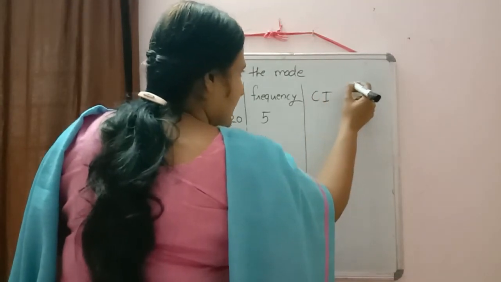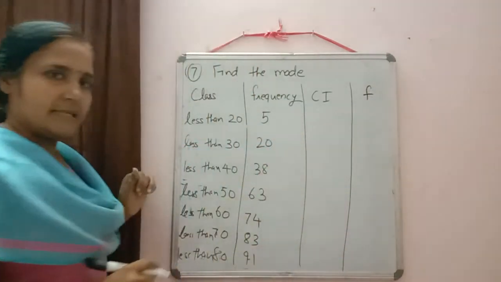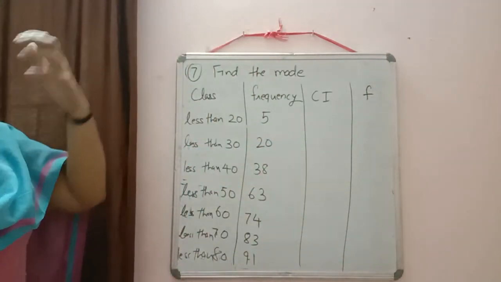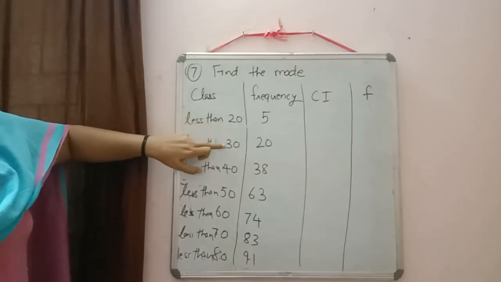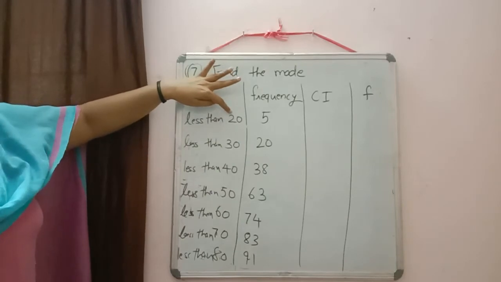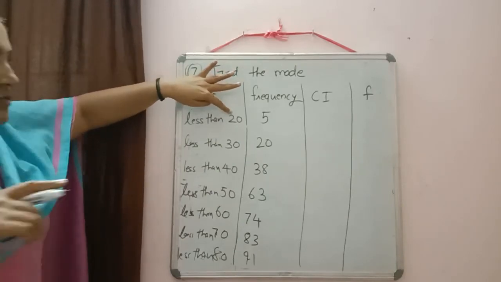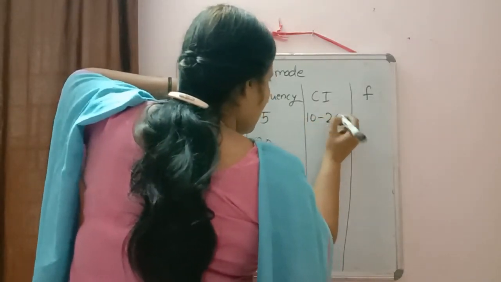So here you can write down the class interval and frequency. How we are going to make the class interval: check the differences here. Differences of 10 only. So less than 20, 20 minus 10 if you do, what will come? 10. So our first class interval will be 10 to 20.